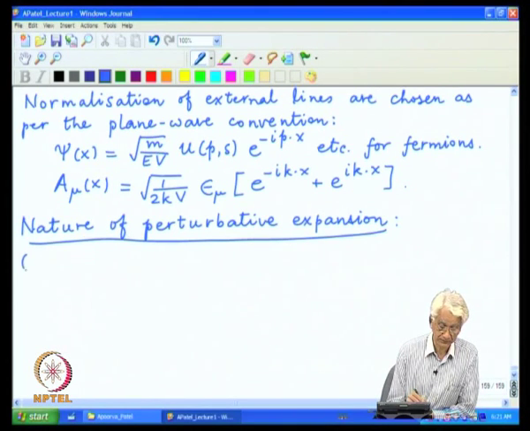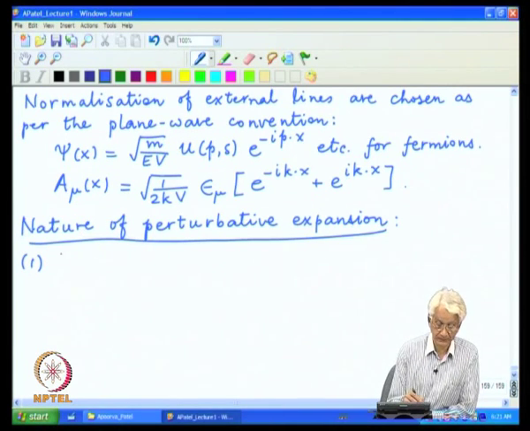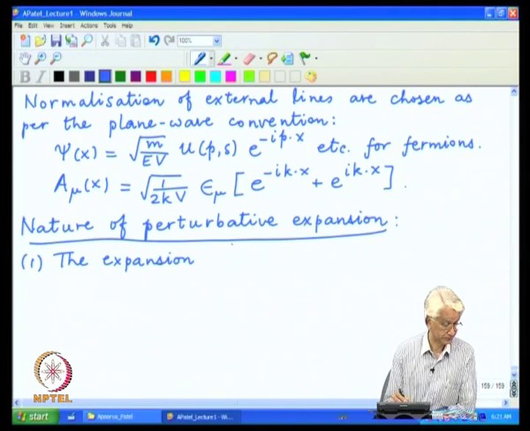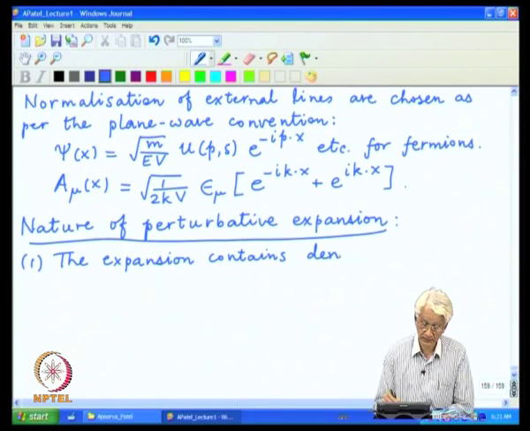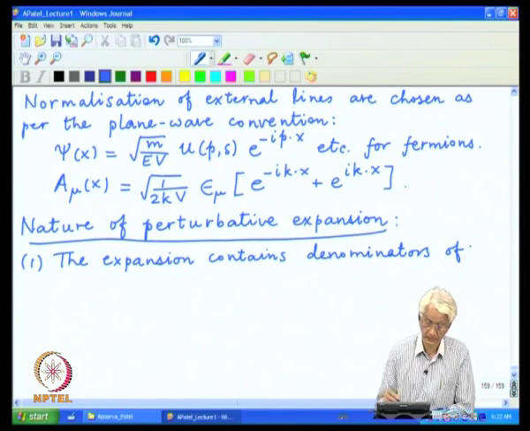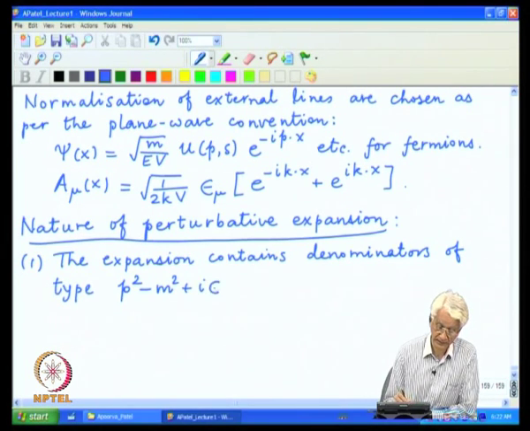So, one fact here is that the expansion contains denominators of type p square minus m square plus i epsilon.